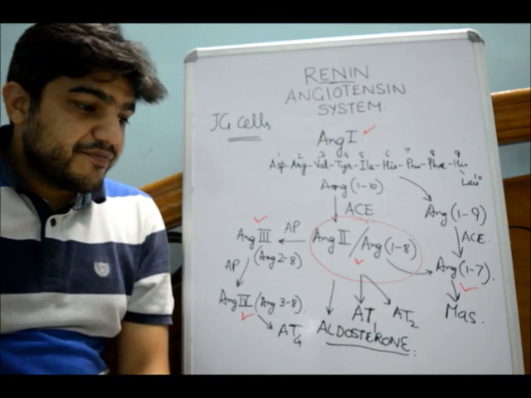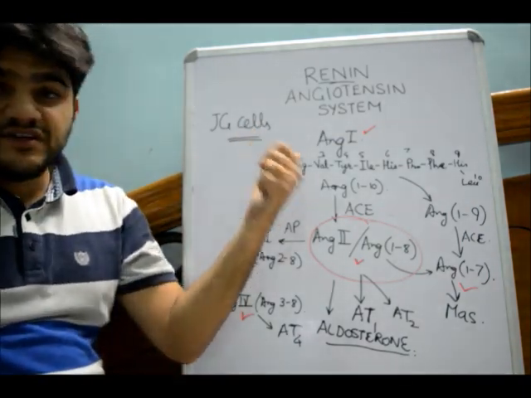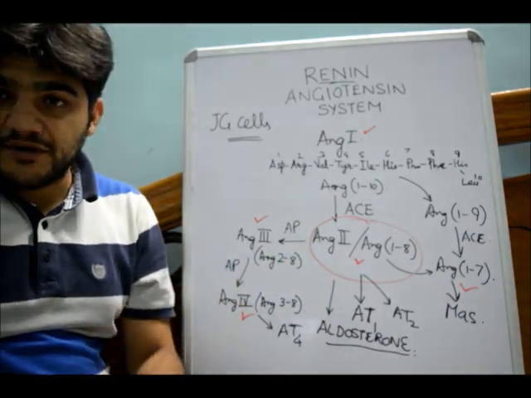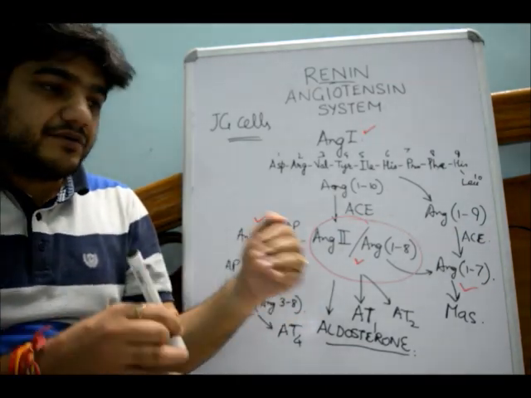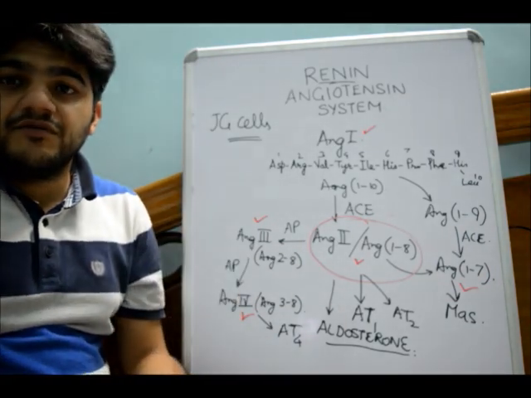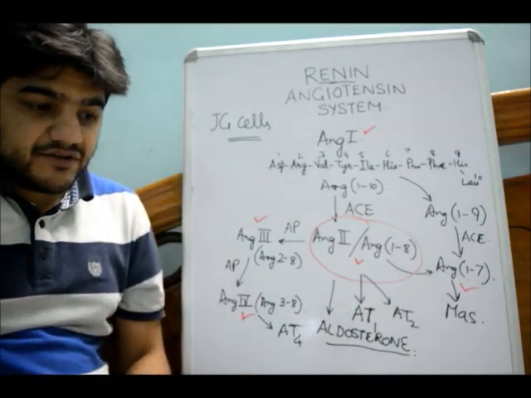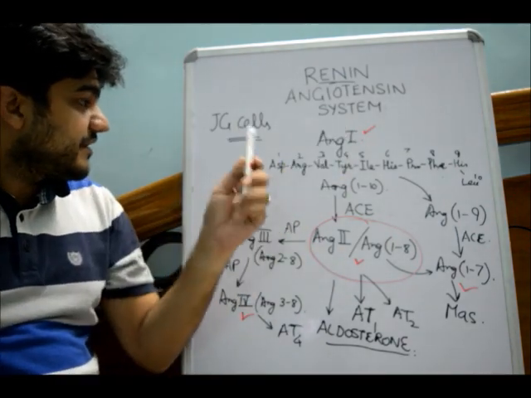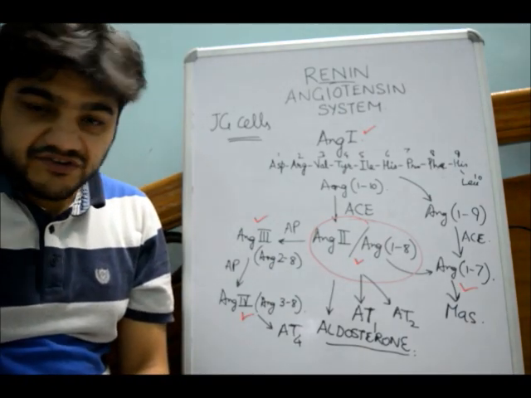For example, if the sodium load is less, it will stimulate the JG cells to secrete renin, and if the sodium load is more, it will suppress that. So it is like a balance between the two. Whenever the sodium load is less, you will have more renin. Whenever the sodium load is more, the renin-angiotensin system will be suppressed. So one very central thing is the release of renin from the JG cells.